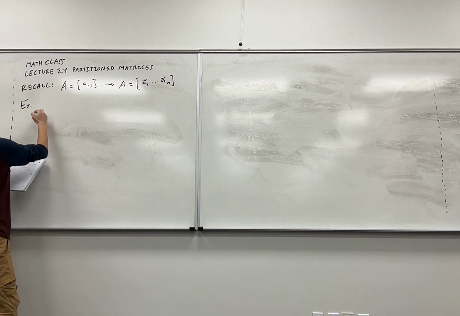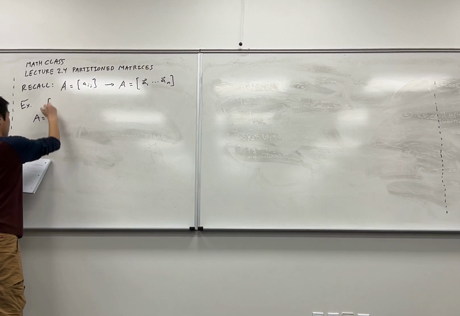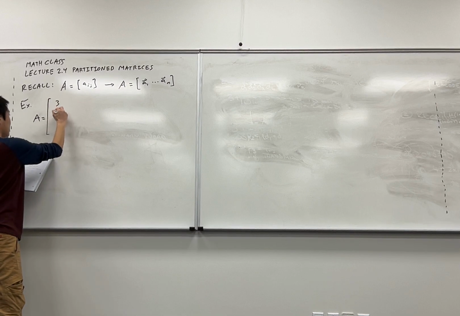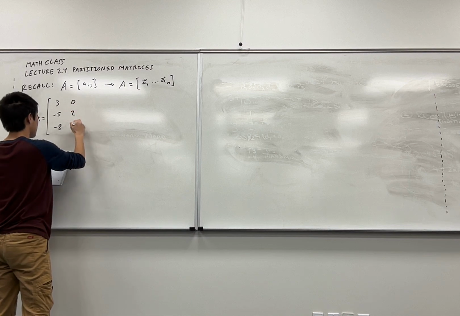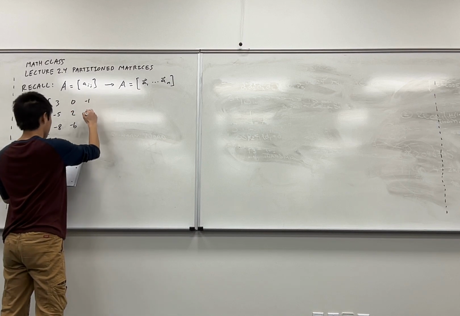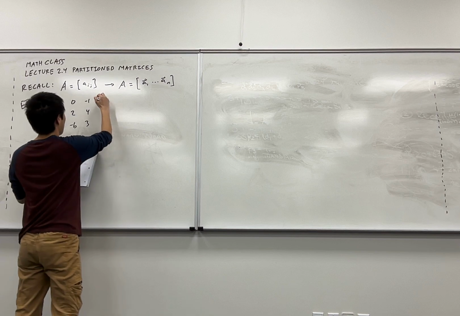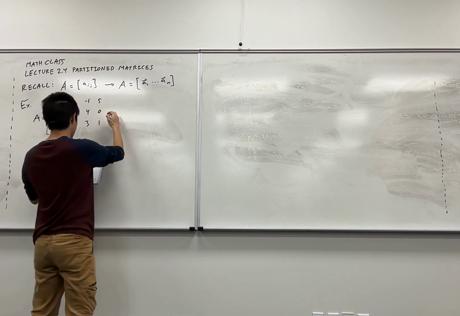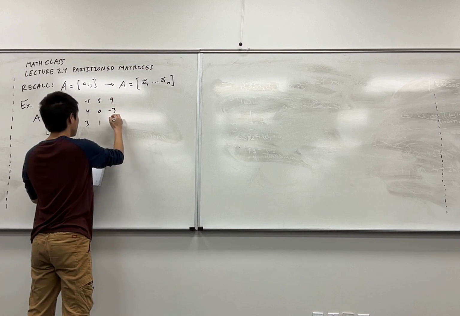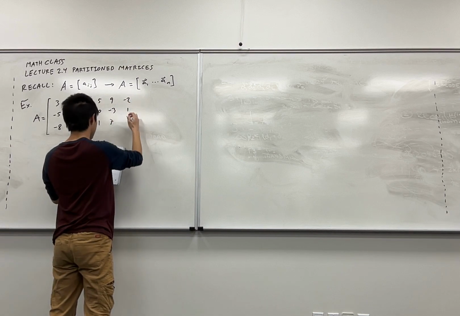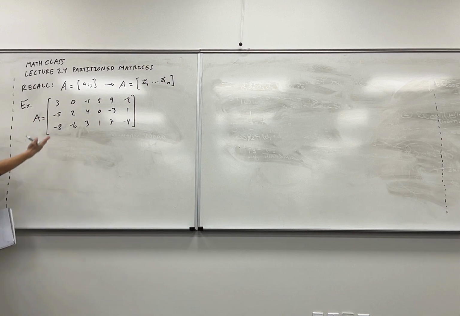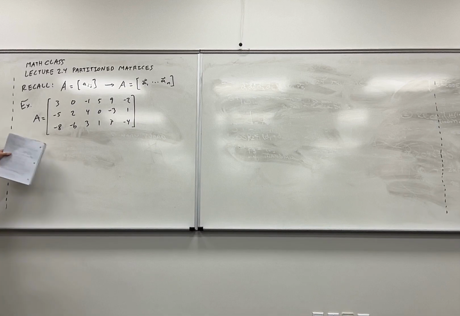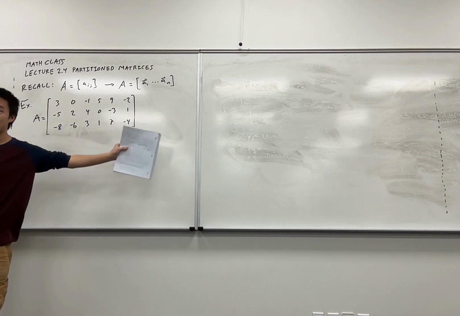So if I have some A, 3, minus 5, minus 8, 0, 2, minus 6, minus 1, 4, 3, 5, 0, 1, 9, minus 3, 7, minus 2, 1, minus 4. Now, obviously, I have to scale it down in size for just practicality in a lecture, but this could be like a 27 by 45 matrix, okay?